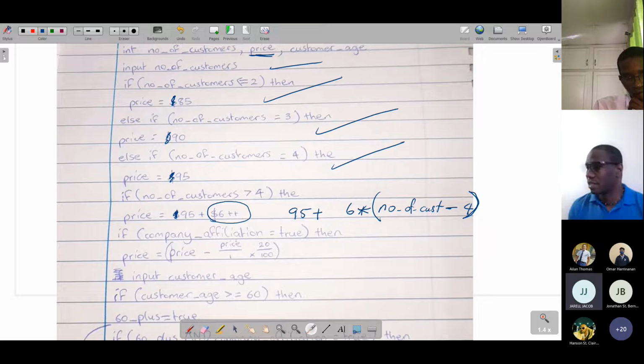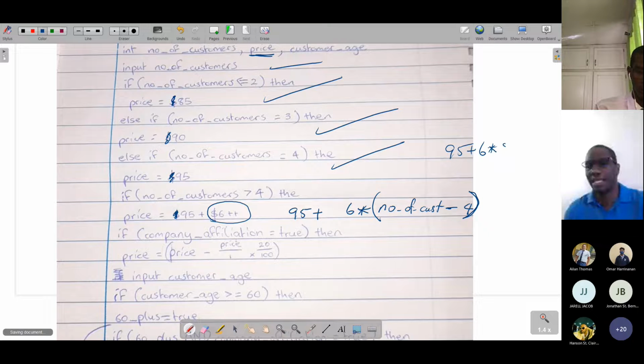Sir, why am I minusing 4 from the number of customers? Because the $95 represents the cost of 4 persons. So remember, it's $6 for each additional customer. So if the number of customers entered was 8, we'll end up with 95 plus 6 multiplied by 8 minus 4.